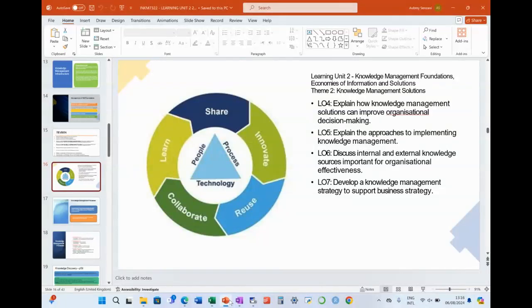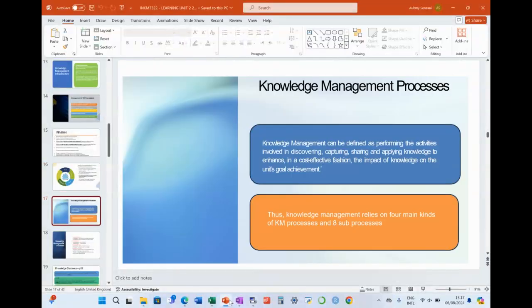The next is number 5, explain the approaches to implementing knowledge management. Then number 6, discuss internal and external knowledge sources important for organizational effectiveness. And lastly, develop a knowledge management strategy to support business strategy. Okay, so that's what we're talking about there.